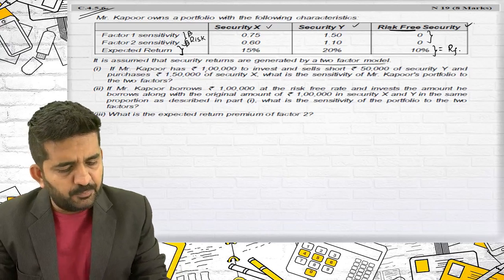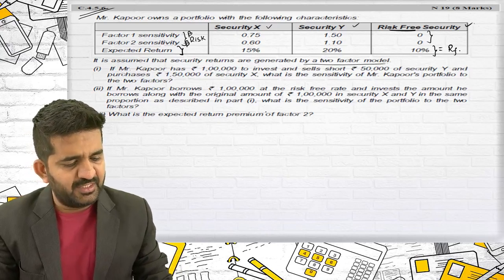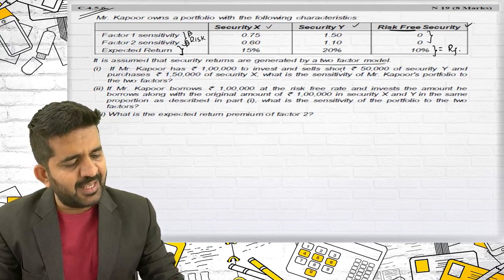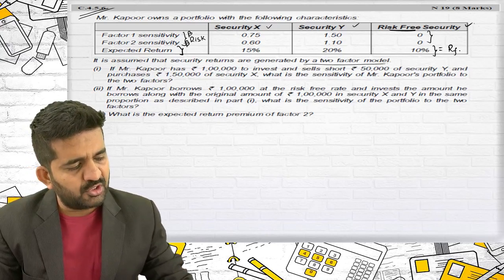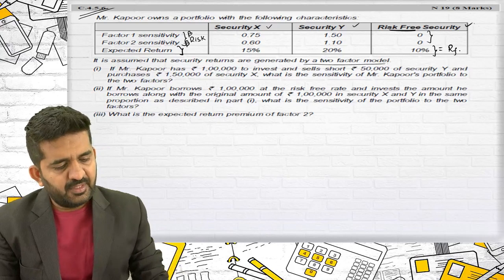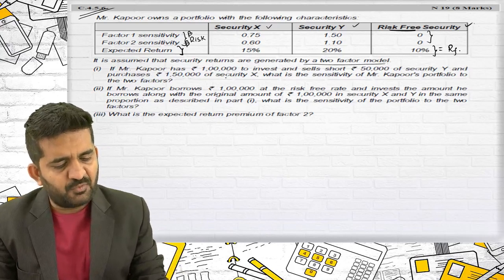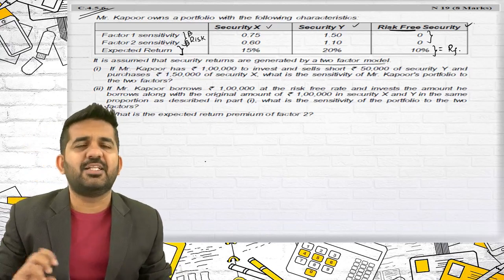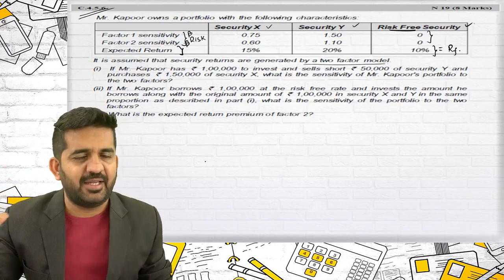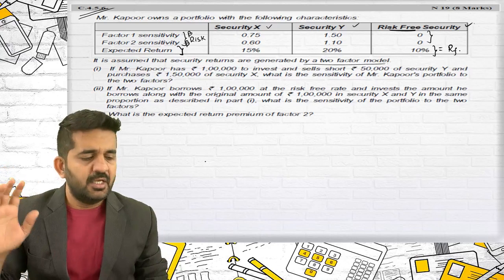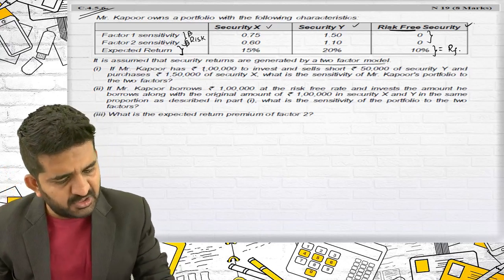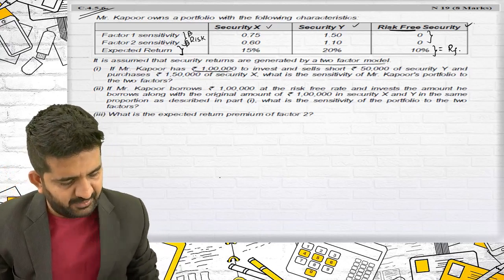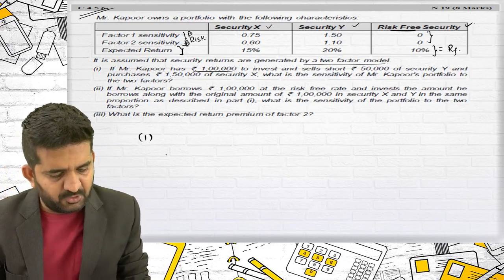If Mr. Kapoor has 1 lakh to invest and sells short 50,000 of security Y and purchases 1,50,000 of security X, and now short sales we have done it in derivative in portfolio management. Try to understand how much money he is having. He is having 1 lakh. Let me solve the first question.